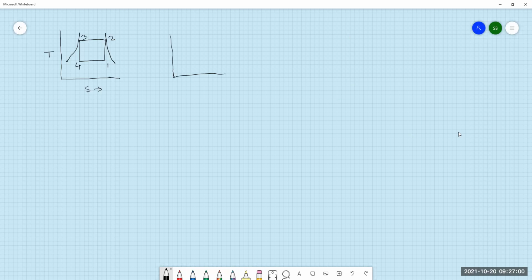That is pressure P against H, or enthalpy. Here, the curves are like this, and this is the condition of our cycle itself. That is 2, 1, 3, 4.